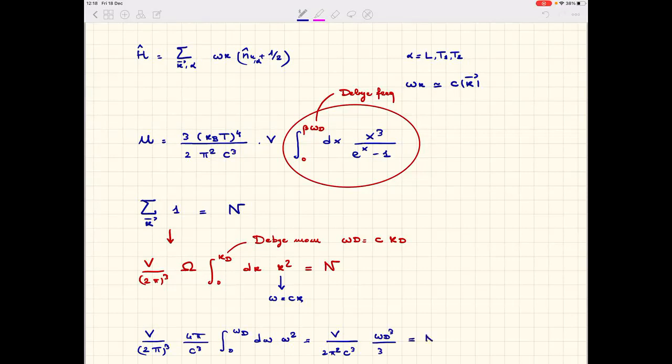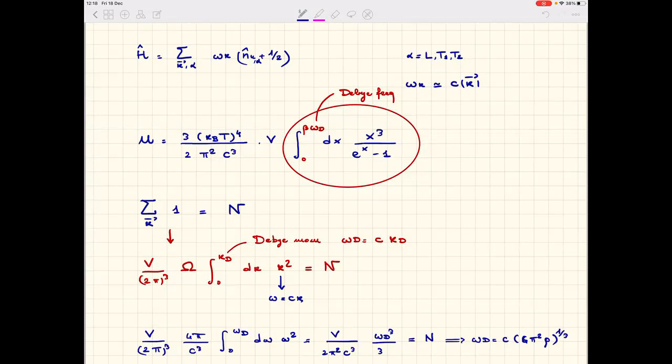And this has to be equal to N. Therefore, I see that this cutoff, the Debye frequency, has to be equal to c times (6 pi squared rho) to the power 1/3, where rho is the density, N over V.